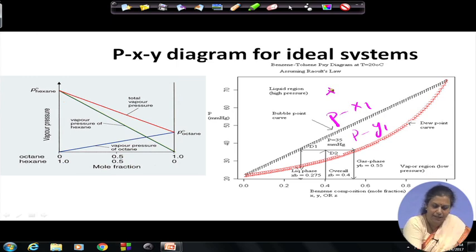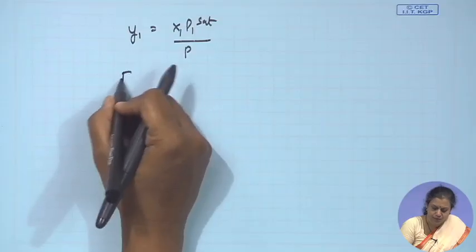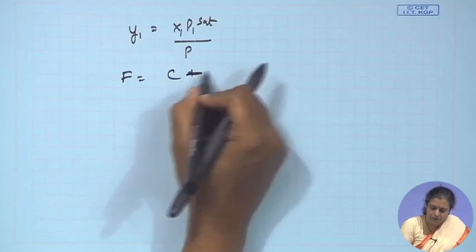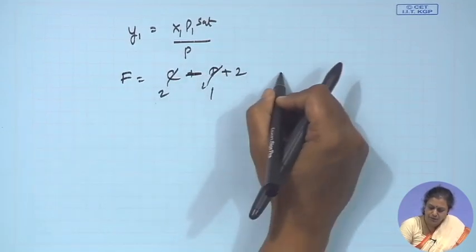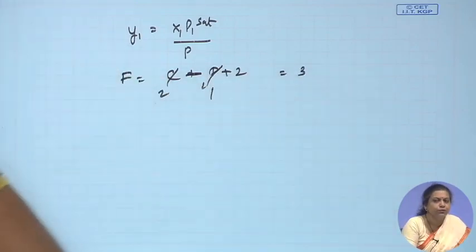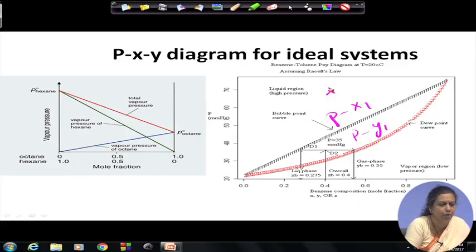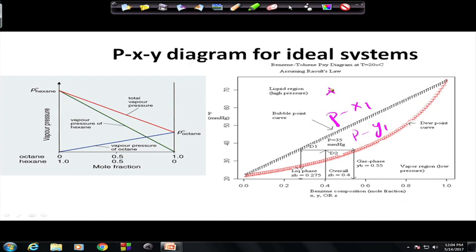Again, if you write F equals C minus P plus 2, P is 1, C is 2. So, F will be equal to 3. Therefore, in order to identify any point in the single phase liquid region, we need 3 variables. We need P, we need x1, and in this particular case the temperature is already constant.